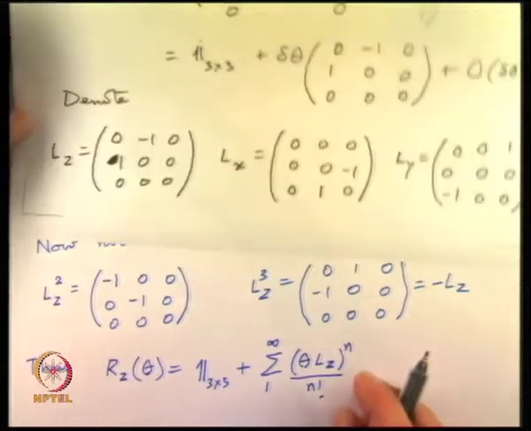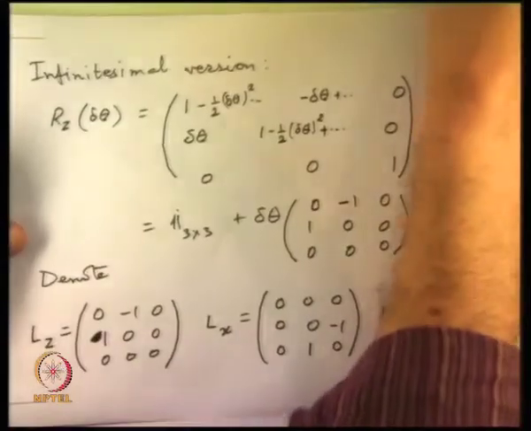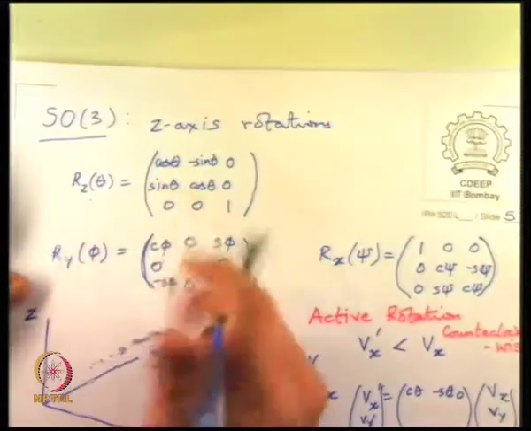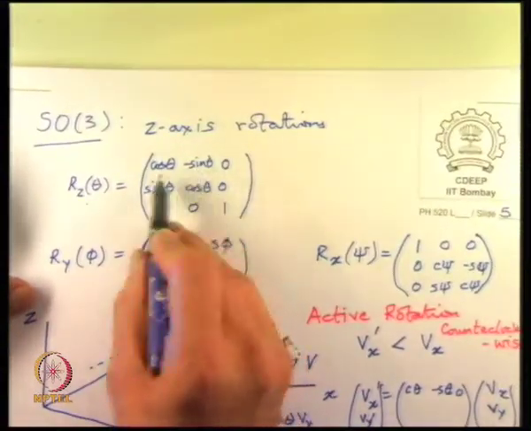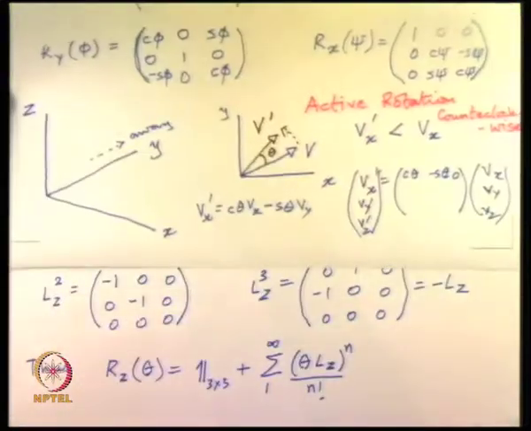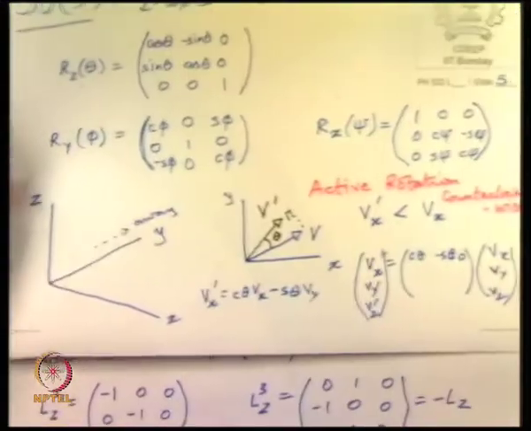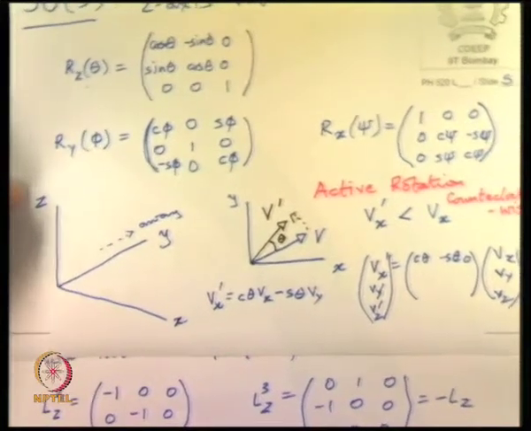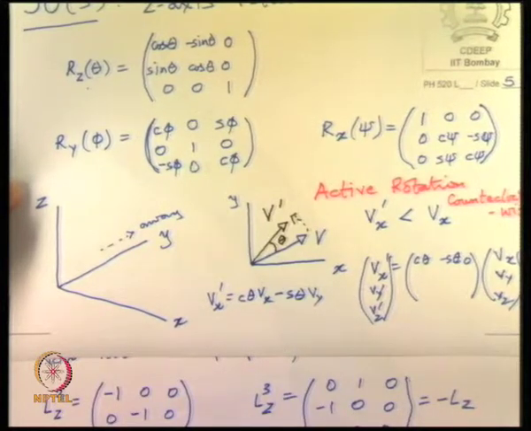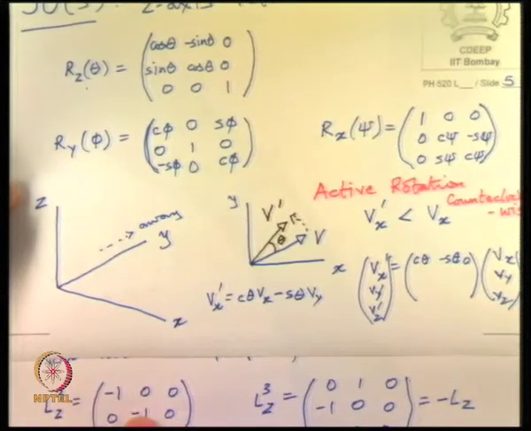Okay, so what am I saying? If you look at the full Rz, it has cosine thetas and sine thetas. What I am claiming is that this property of Lz, that it oscillates in sign, Lz cube becomes minus Lz. So Lz to the 4 will become just plus signs here, because Lz square is anyway equal to minus 1 and 1.